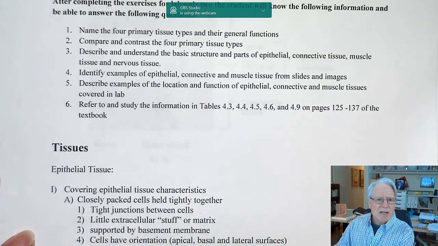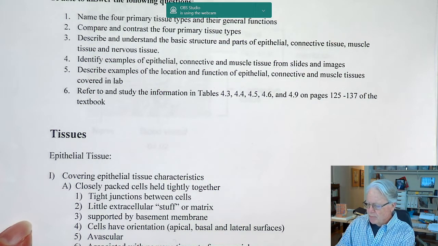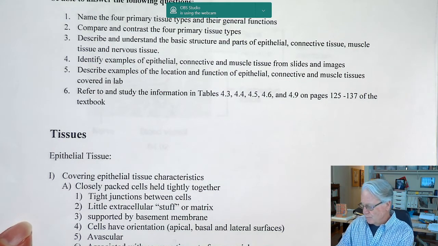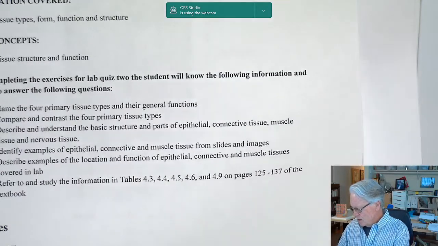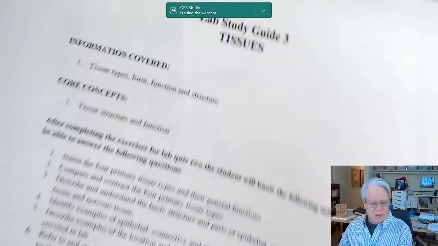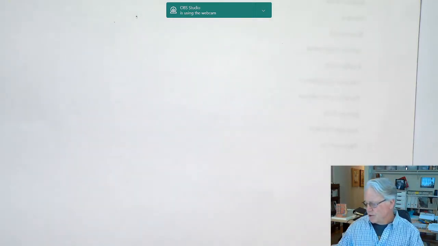The following lectures will deal with connective tissue, as well as muscle tissue and nervous tissue, and probably some additional information in terms of looking at images and being able to analyze the image and understand what you're looking at. Okay, so let's begin that discussion then. And let me just remove the study guide, all of the pages, so we can start with our notes.